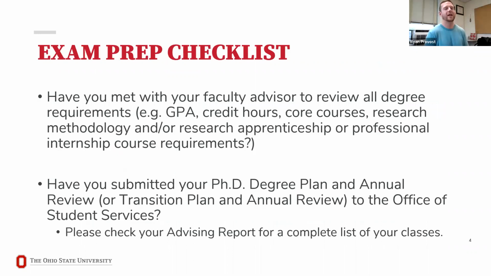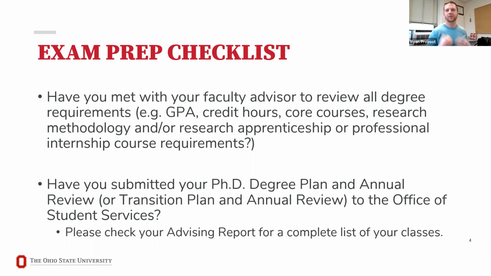So we'll start by talking about your professional exams and the checklist of things to think about with that. This checklist is things you should be thinking about as you're preparing for your exams. Have you met with your faculty advisor to review all the degree requirements?